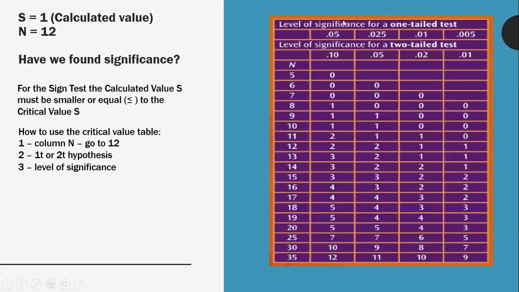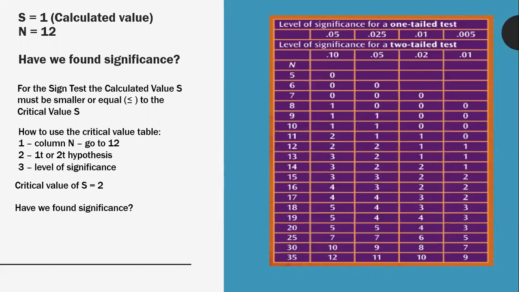We go to 12. Where these two join is 2. So the critical value of S is 2. N is 12, we know it's 5% for a one-tailed hypothesis, so therefore our critical value of S equals 2.